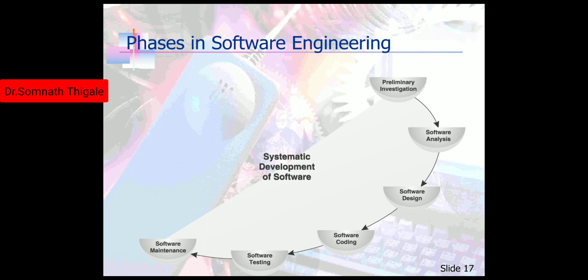Now, after testing, the next phase is deployment. We simply call it maintenance, because the software, after analysis, designing, the developer has done it, the tester has tested it, if it is okay, it is given to the end user, and the end user tries to use it. If any problem occurs, then the respective team will solve that problem. So we call that the software is now in the maintenance phase. It is a never ending phase.